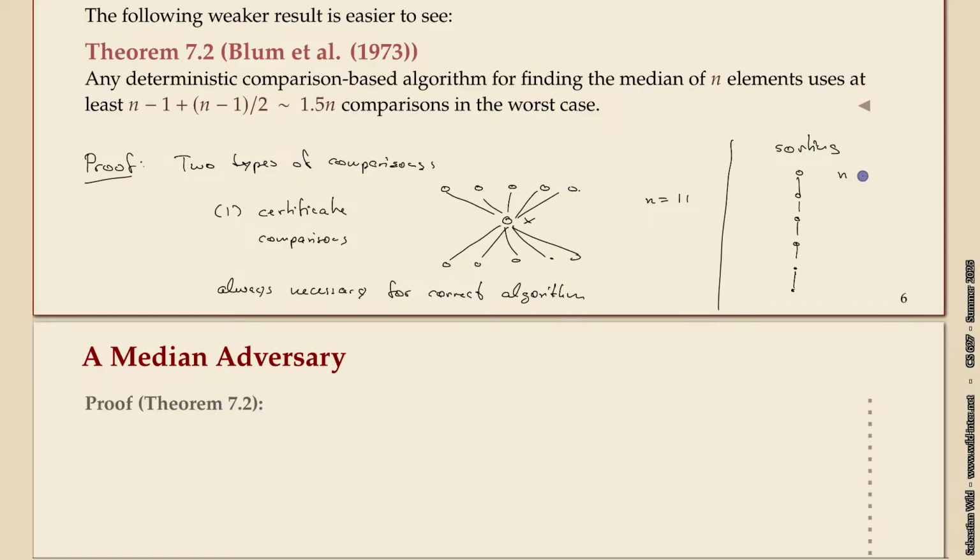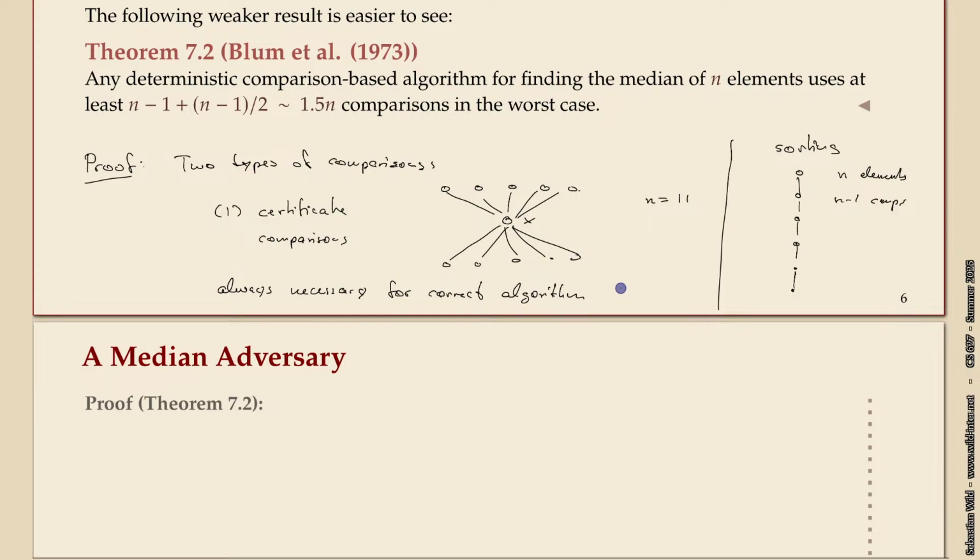So for n elements, the certificate is just n-1 comparisons. But we know for sorting, we actually need many more comparisons. So the certificate comparisons are not always sufficient.